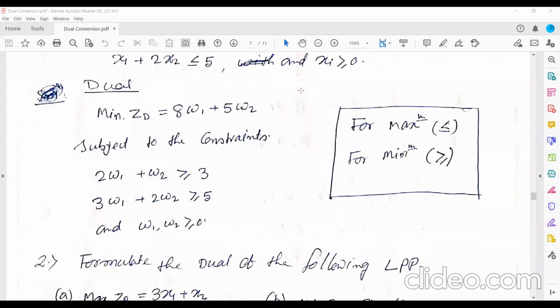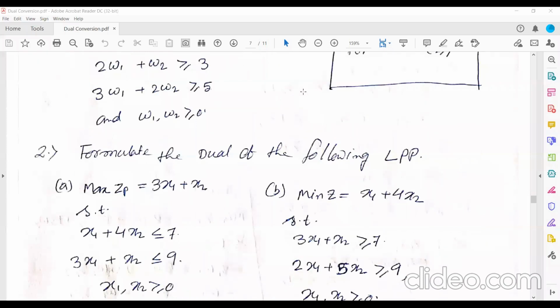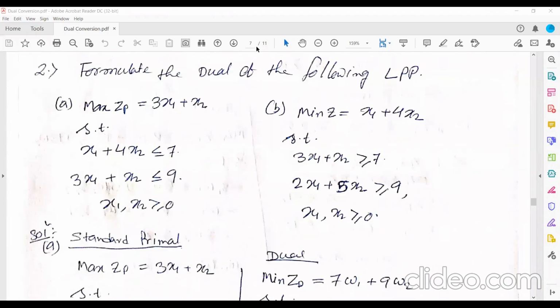Okay, let's see one more problem. Now see, the 2 problems I have considered here. Formulate the dual of the following LPP. One is a maximization problem, another one is a minimization problem. So max ZP is equal to 3x1 plus x2, such that x1 plus 4x2 is less than or equal to 7, and 3x1 plus x2 is less than or equal to 9.